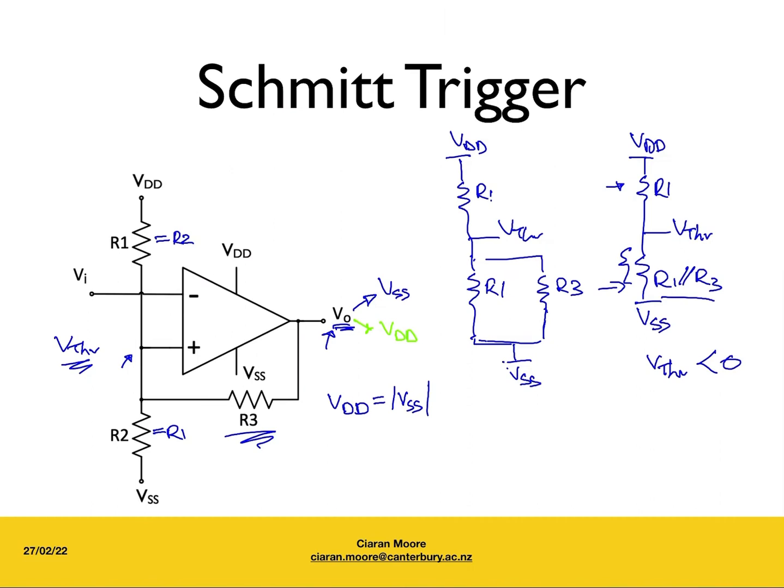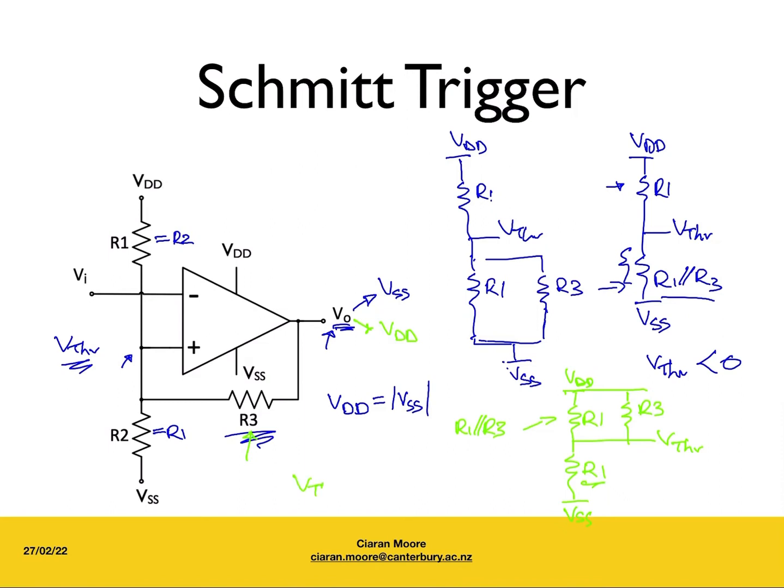Let's have a look at the case now where the output is VDD. Again, I'll draw an equivalent circuit. I've got VDD through R1. I've got what was R2, but I'll assume is equal to R1. I've got the threshold voltage, I've got VSS, and now R3 is a parallel connection to VDD. Again, I'll assume that VDD and VSS have the same magnitude. So we've got R1 and R3 in parallel, which means that together they are smaller than R1 on its own.